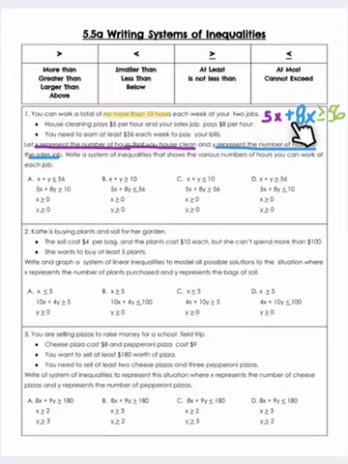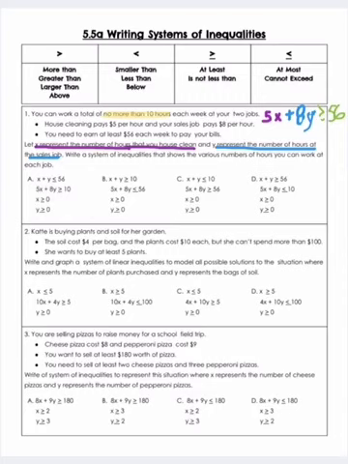We're going to find a 5x plus 8y. All right. So now we're looking for 5x plus 8y is greater than or equal to 56.